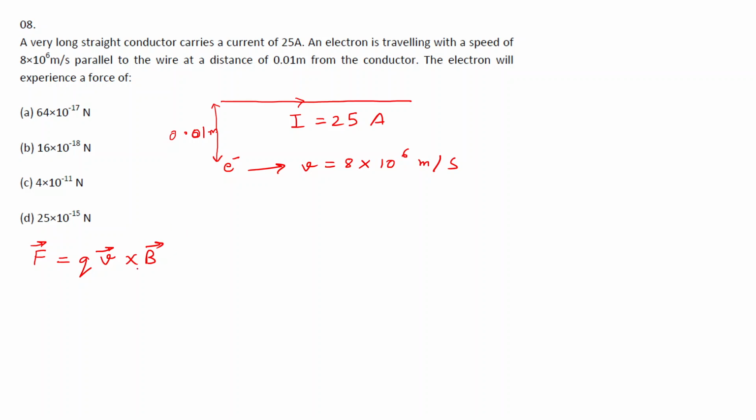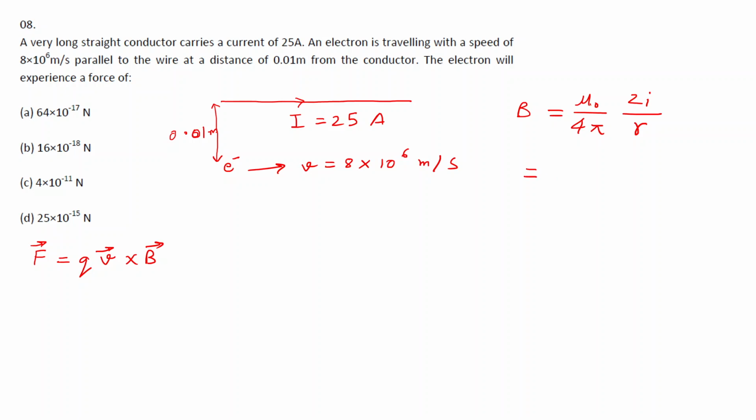Before that, we need to find the value of the magnetic field due to this current carrying conductor. Let's see the magnitude. The magnetic field will be mu naught over 4 pi times 2 times the current divided by the distance.